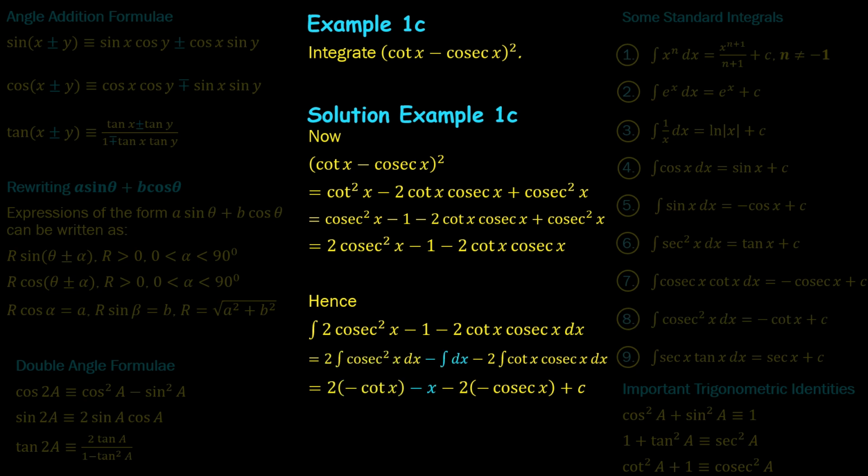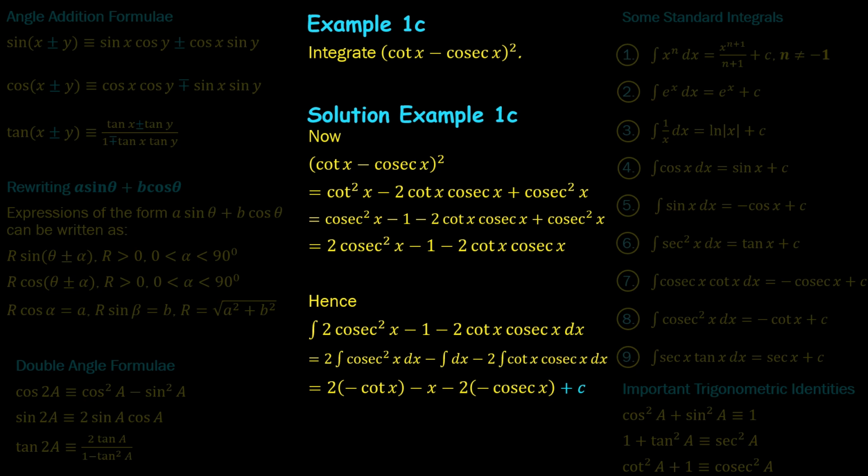The integral of 1 dx is simply x. The minus 2 is left as it is here. And the integral of cosec x cot x dx is equal to minus cosec x.